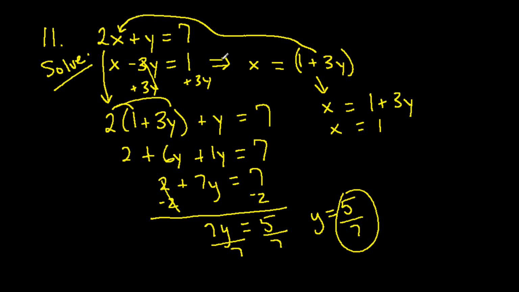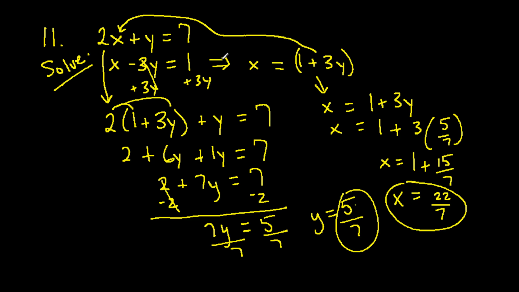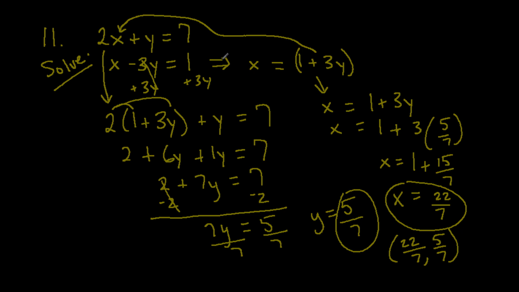So x equals 1 plus 3 times 5/7, which is 1 plus 15/7. Since 1 is the same as 7/7, we can add 7/7 to 15/7 and get 22/7. So those are our answers for x and y, which a lot of times they want stated as an ordered pair in the order x, y. So it would be 22/7, 5/7 is the solution.